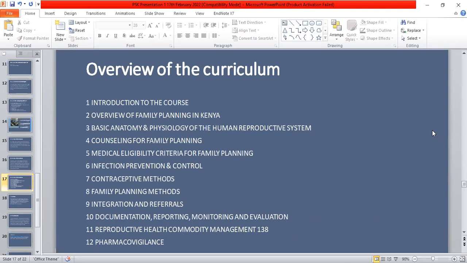Number 5, medical eligibility criteria for family planning, which is a very key and central topic because it allows you as the family planning provider to maneuver unique situations.